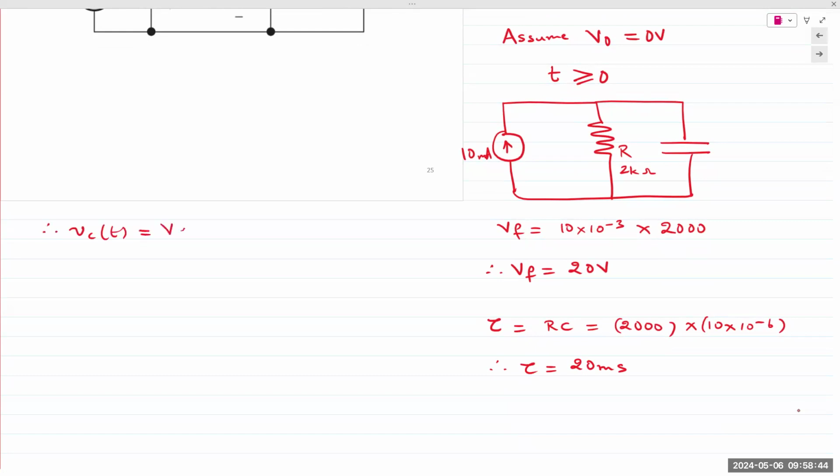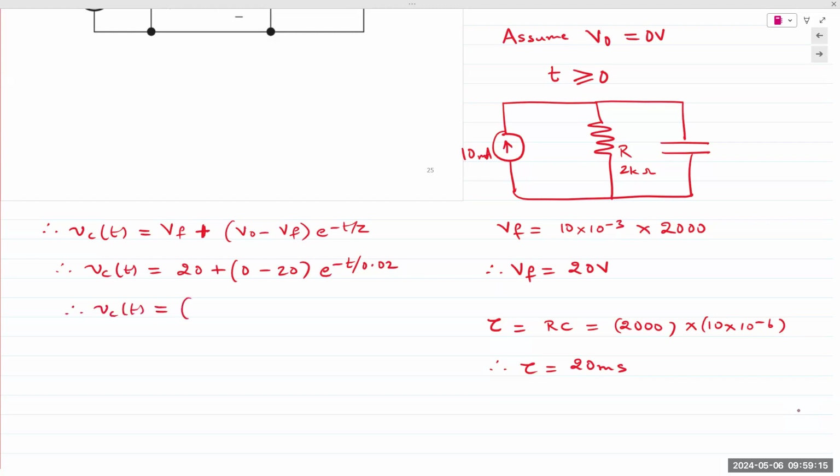So Vc of t is Vf plus V0 minus Vf into e raised to minus t over tau, which gives 20 minus 20 e raised to minus 50 t volts for t greater than or equal to 0.